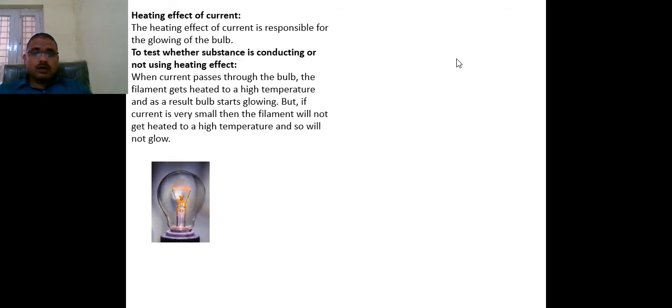Now we can also observe that whenever current is supplied in a particular path, there is another effect created by the supply of current.